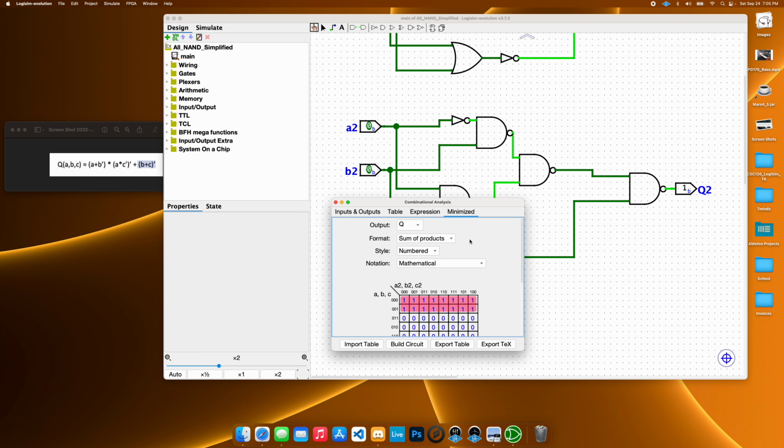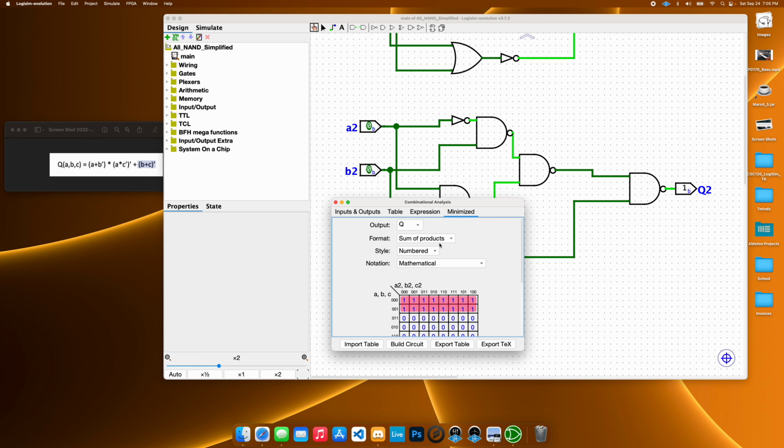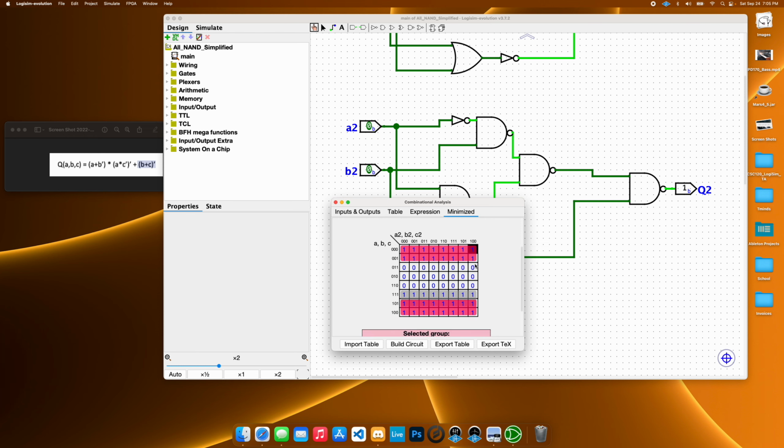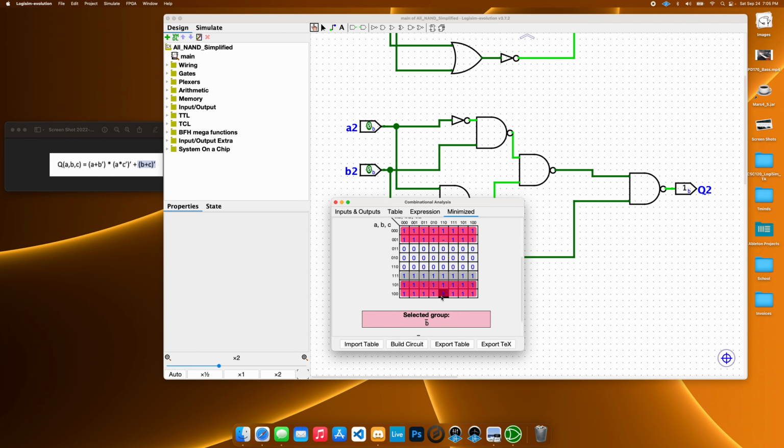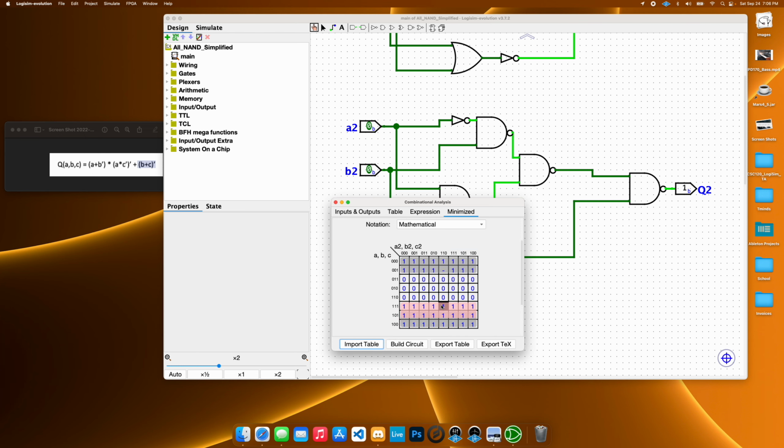We can take our Minimize option here and select Q, and we can see that we have this equation here: B complement being ORed with A and C ANDed together. I'm going to go ahead and set as expression for that.